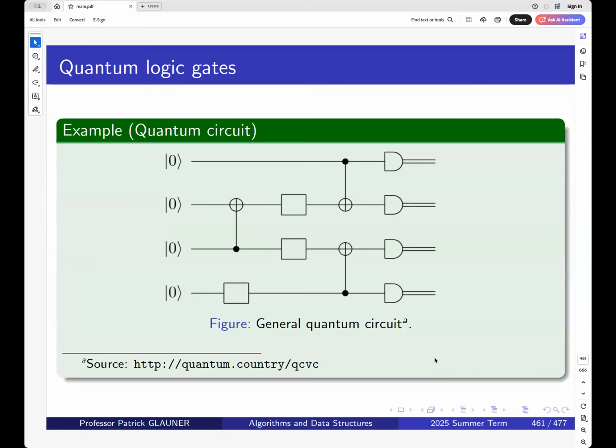So, what does a quantum algorithm look like? A quantum algorithm is eventually a sequence of quantum operations, and the quantum algorithm would start with classical bits 0 or 1 that I feed in. Then I have whatever quantum operations in here.